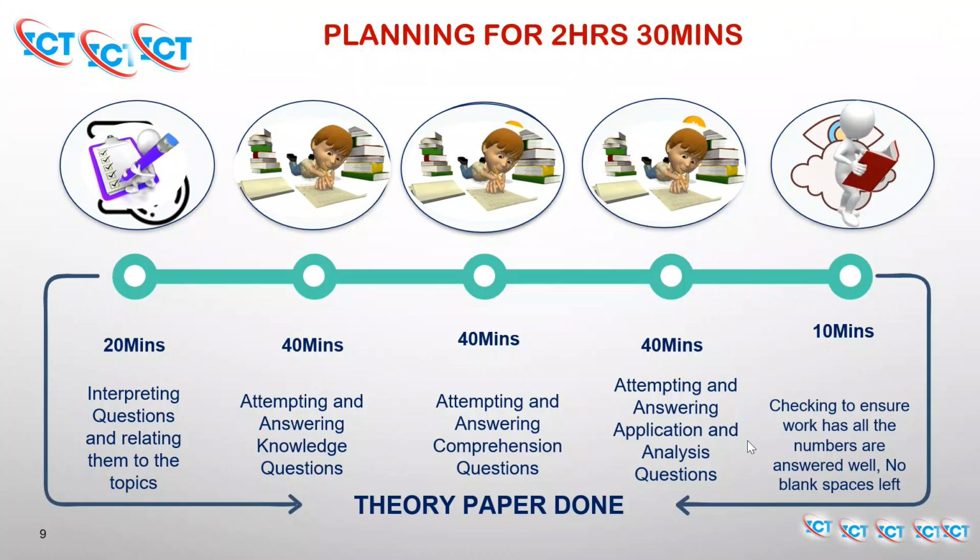So we said paper 1 takes 2 hours and 30 minutes. How best can we plan for this? To begin with, you are seeing here, we are ticking. So take the first 20 minutes in interpreting questions and relating them to the topics. Then use 40 minutes in attempting and answering knowledge questions.